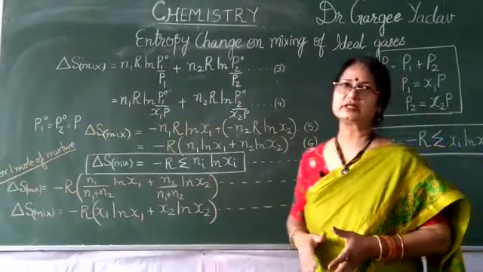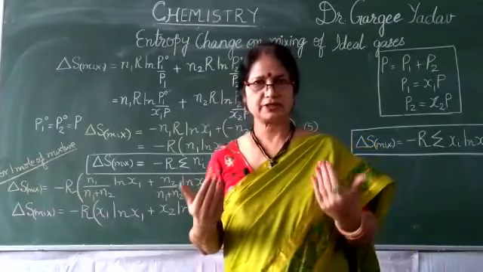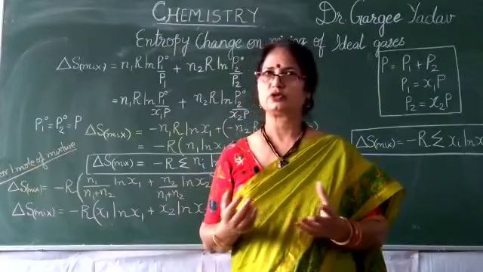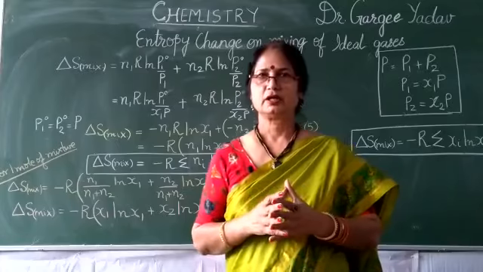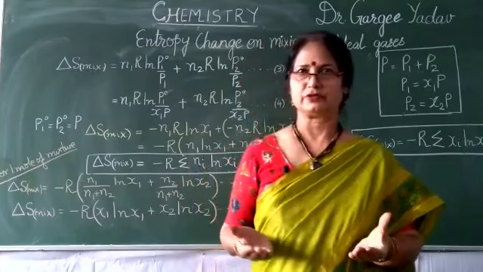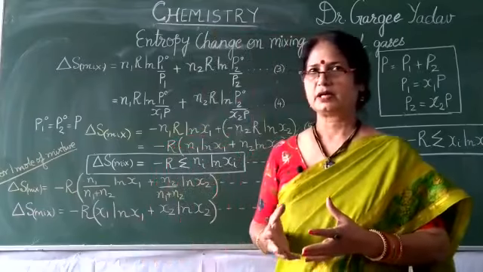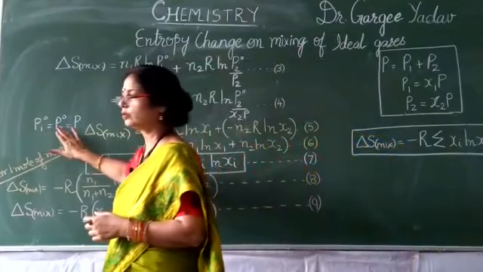Now let us consider the simplest case, in which the initial pressures of both the gases are the same, that is P1 naught is equal to P2 naught, and let the volume of the mixture V be equal to V1 plus V2. So the final pressure of the mixture will be nearly the same as the initial pressure, equal to P naught.